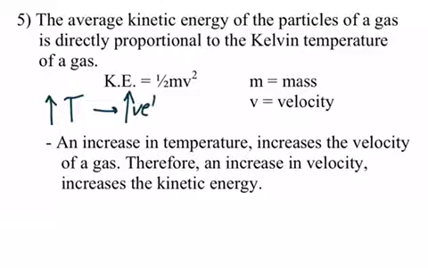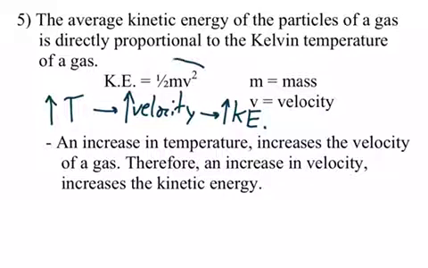So the velocity will increase. And kinetic energy is a measure of velocity. So the faster that molecules are moving, the more kinetic energy that they possess. So when you increase temperature, what you're doing is you're increasing the speed at which these molecules move, which essentially means you're increasing the kinetic energy.